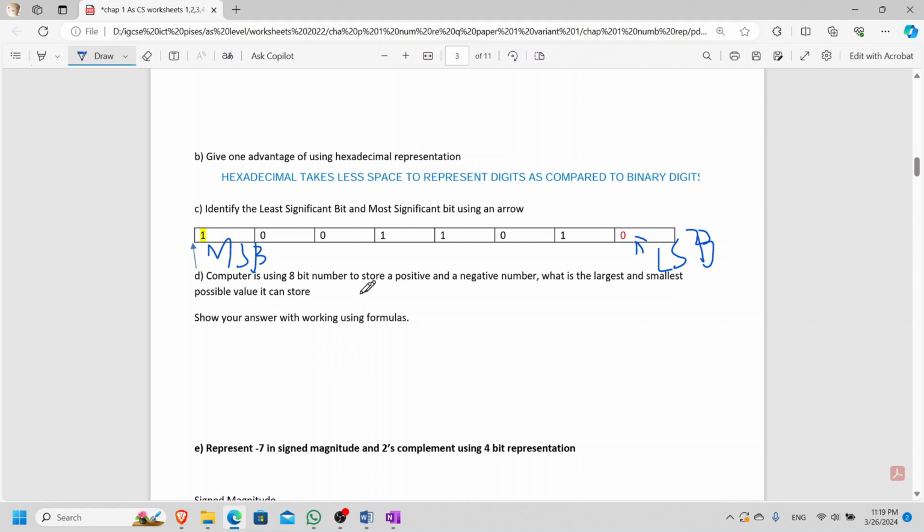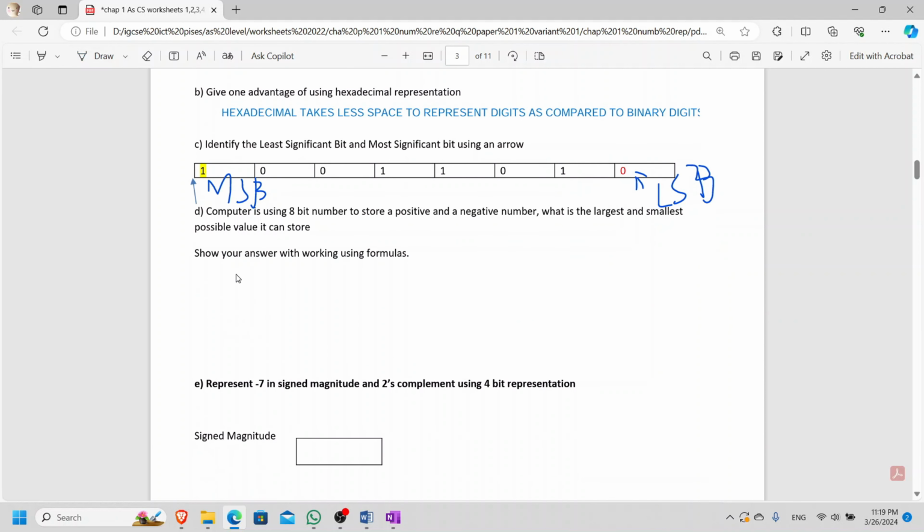Now next question is, a computer is using an 8-bit number to store a positive and a negative number. What is the largest and smallest possible value it can store using the formulas? For this, we will start from the smallest possible number. The range for representing is minus 2 raised to power n minus 1, to what can be represented for the largest possible value, it is 2 raised to power n minus 1, and minus 1.